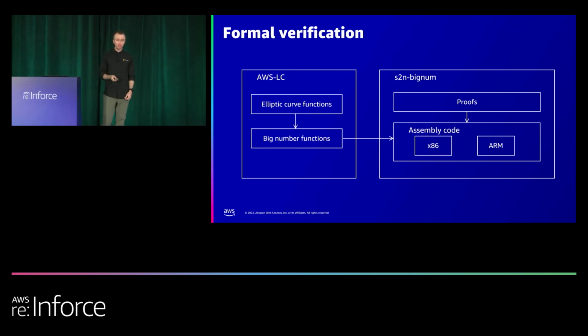The next approach we used for formal verification was developing all new code and the proofs in parallel. And that's why we made S2N BigNum. For those who aren't familiar, a BigNum library is useful in cryptography to do mathematical operations on numbers that are larger than what a CPU can traditionally handle.